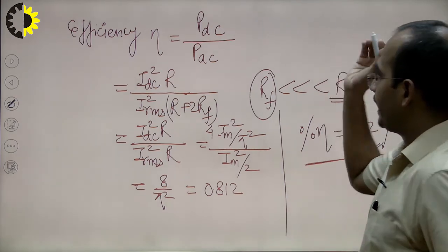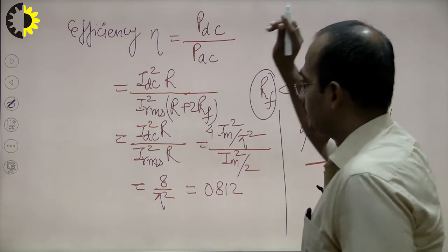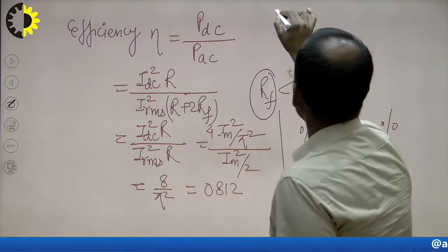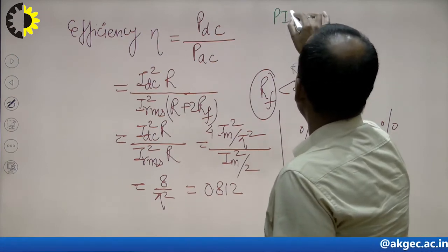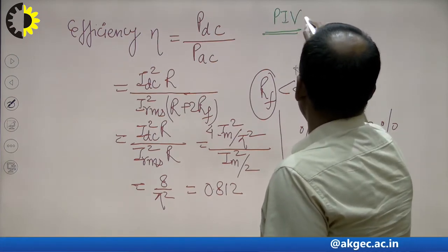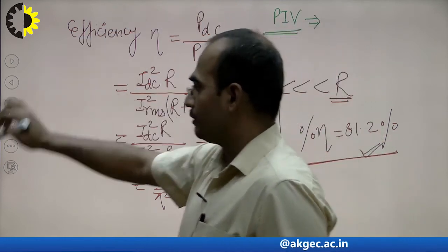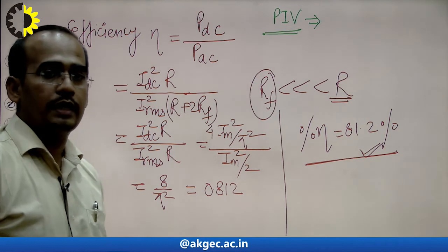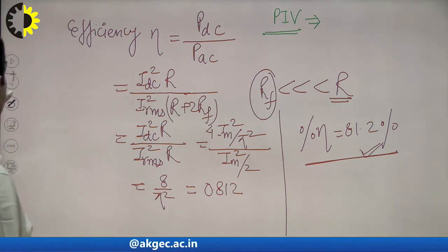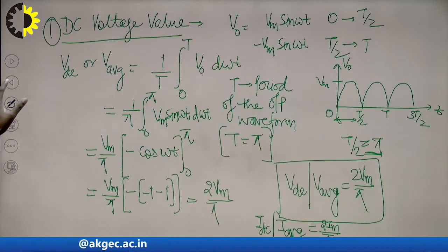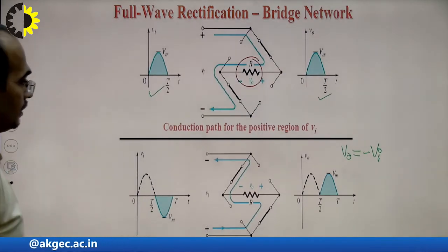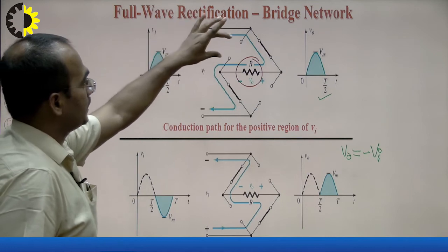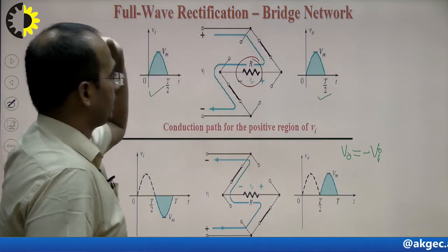Now come to the next parameter, that is peak inverse voltage. As I have told, the definition of peak inverse voltage is the voltage across the diode when the diode is in non-conducting state. If I consider this circuit, diodes D1 and D4 are not conducting.